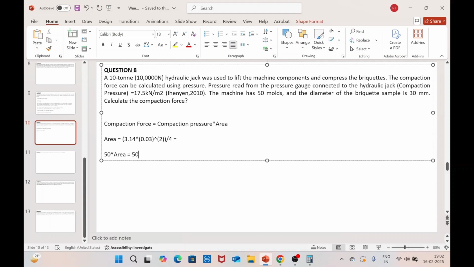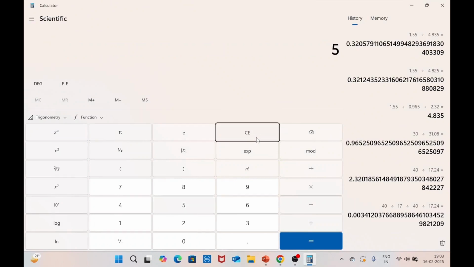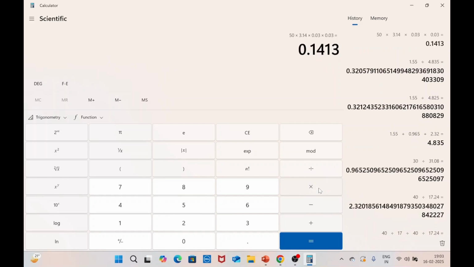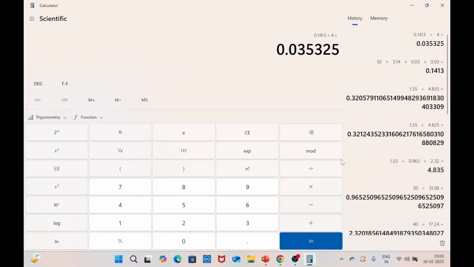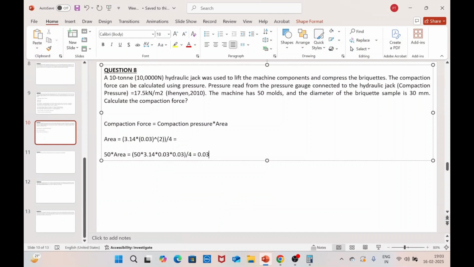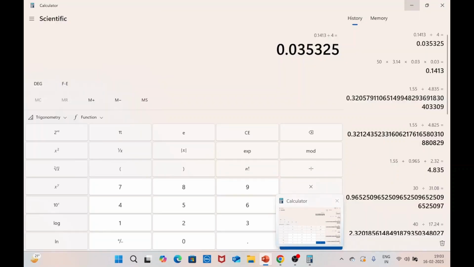So that would be 50 times 3.14 times 0.03 times 0.03 divided by 4, which is 0.0353 meter square.